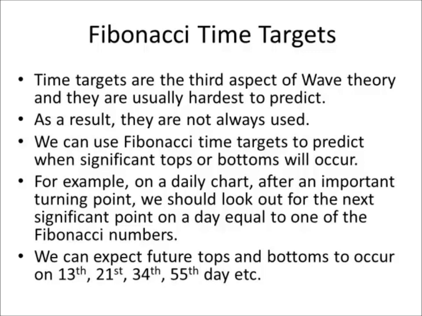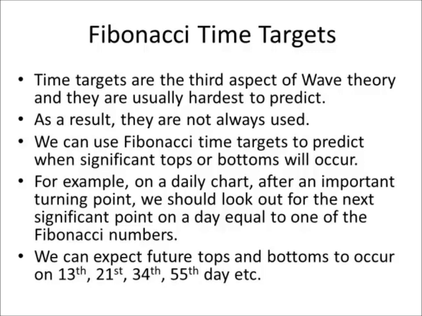So according to Fibonacci time targets, what we should be doing is looking out for the next significant movement or the next significant point on a day equal to one of the Fibonacci numbers. So in these time targets, we're going to be using just the Fibonacci numbers rather than the ratios themselves.